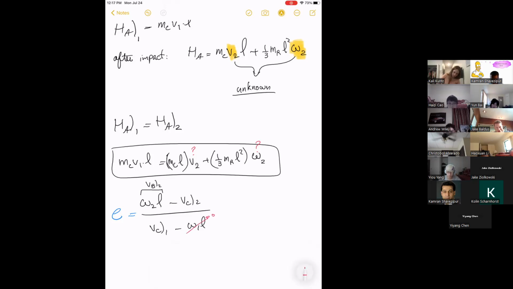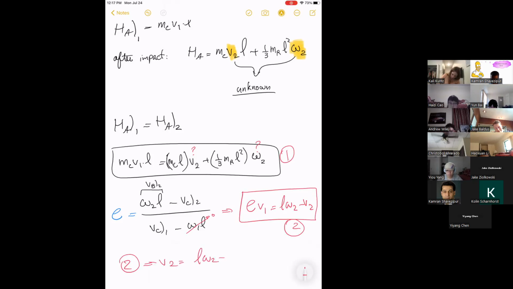So this is going to give you simply E V1 is equal to L omega 2 minus V2. Equation 1, equation 2, you calculate it, you can find the two unknowns. For example, from 2, you may say V2 is L omega 2 minus E V1.